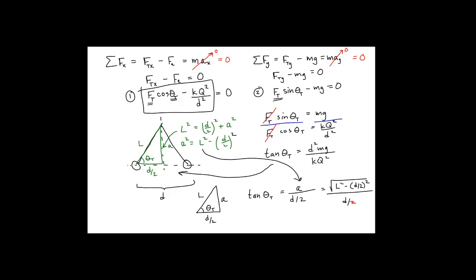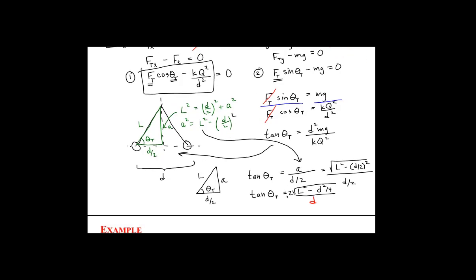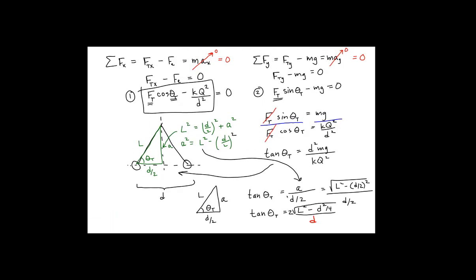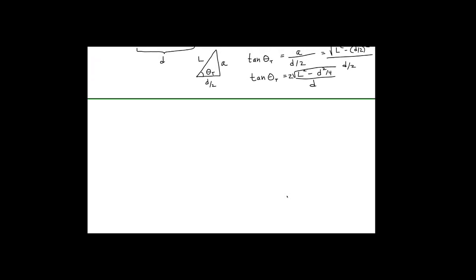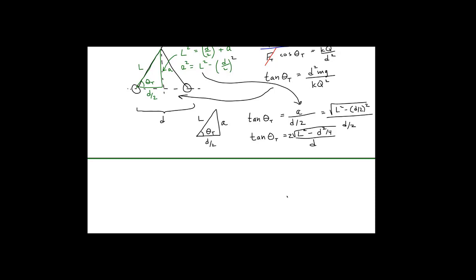Well, we could clean this up a little bit. We could say that the tangent of our angle is equal to the square root of L squared minus d squared over 4, and that is going to be the square root of 2 comes to the denominator, 2 comes to the numerator, d stays in the denominator. So what does that leave us with?